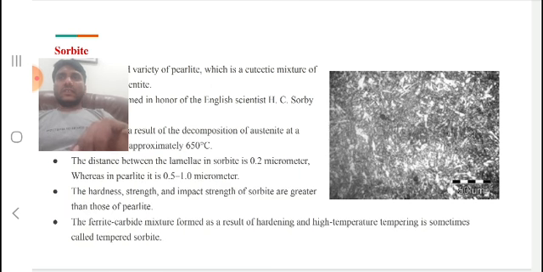The ferrite carbide mixture formed as a result of hardening and high temperature tempering is sometimes called tempered sorbite. This is very important.